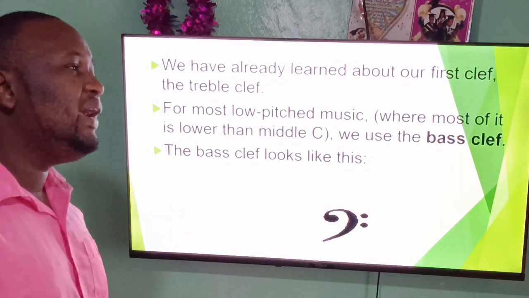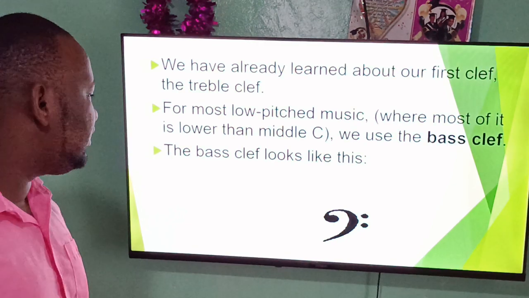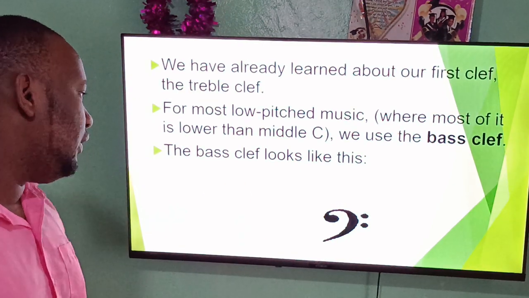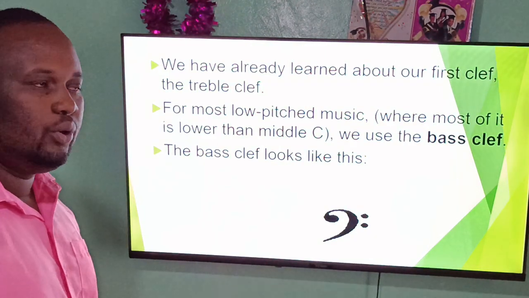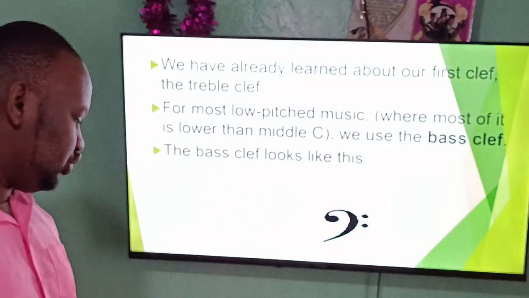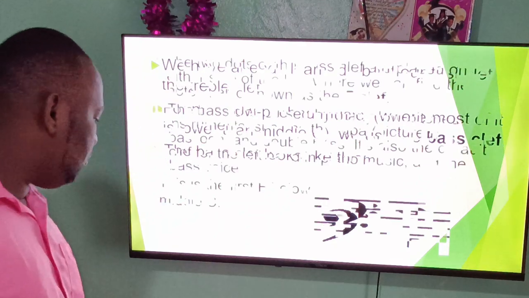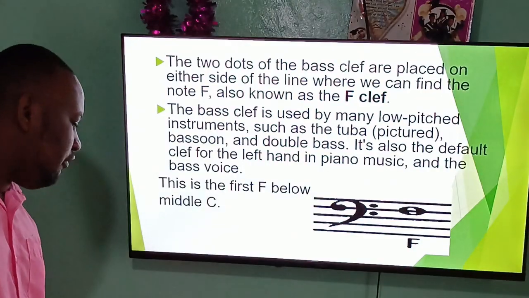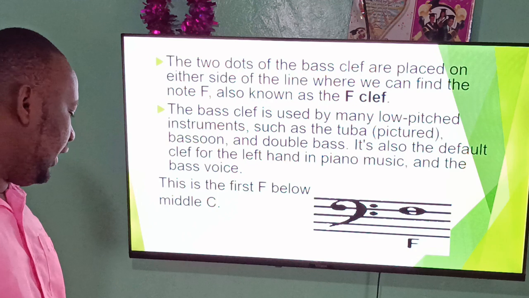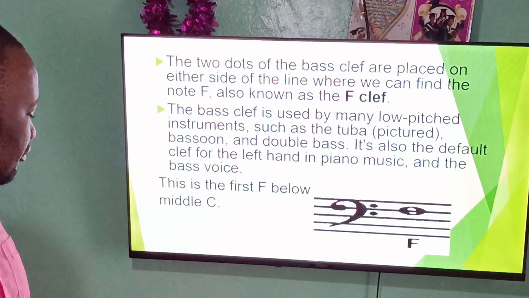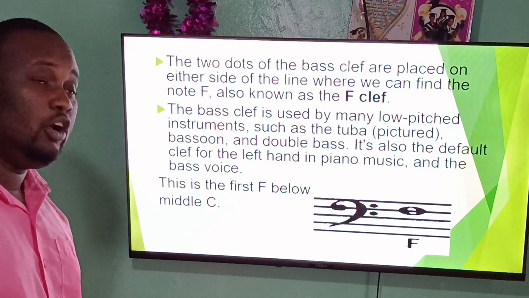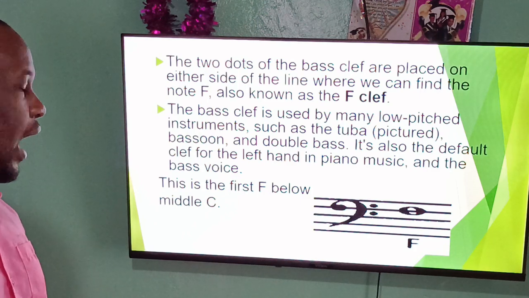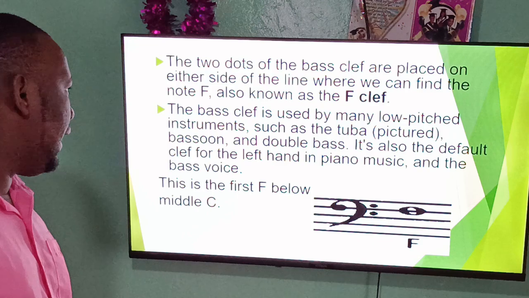For male voices, we use the bass clef to denote their music, and for the female voices, we use the treble clef. The two dots of the bass clef are placed on either side of the line where we can find the note F, also known as the F clef. So the F clef is another name for the bass clef.